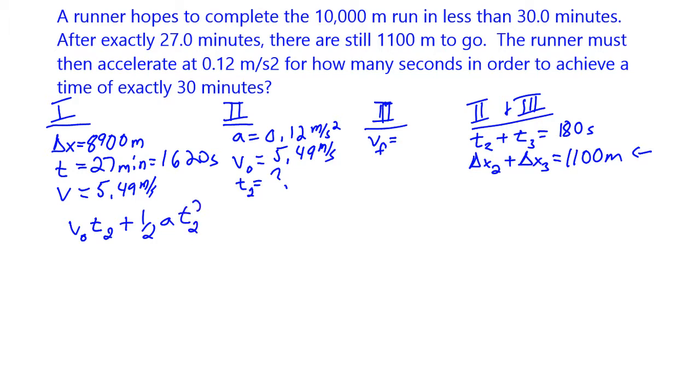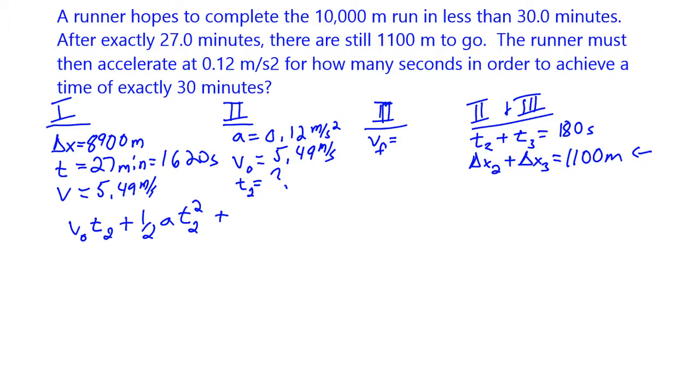That's delta x2, and we just used one of our kinematic equations, delta x equals v0 t plus 1/2 a t squared. And we're going to add to that delta x3. This is constant velocity, so the equation we're going to end up using is just v equals delta x over t. We rearrange that, and we get delta x equals v times t.